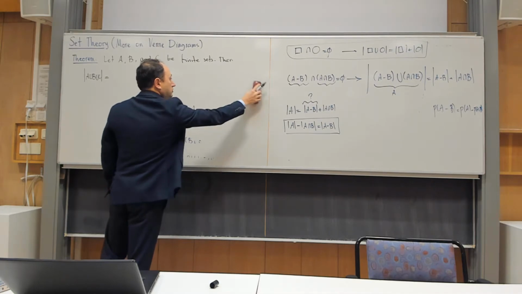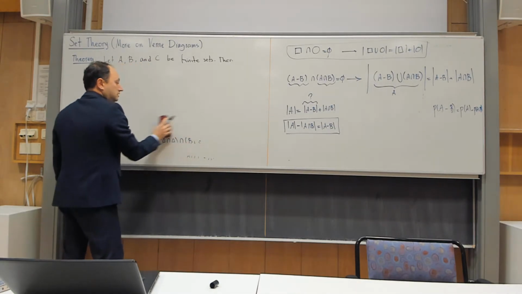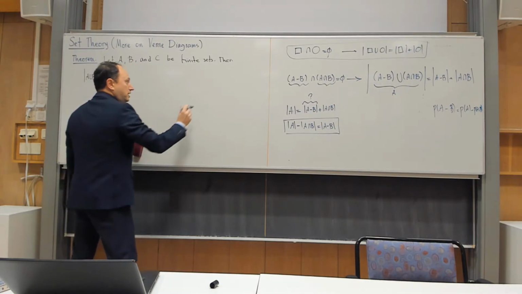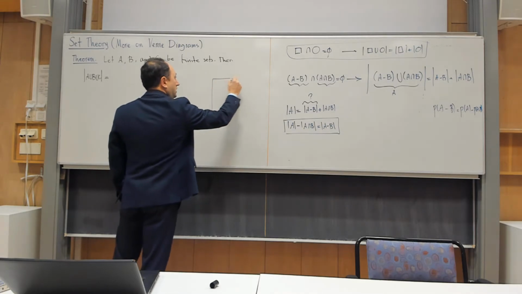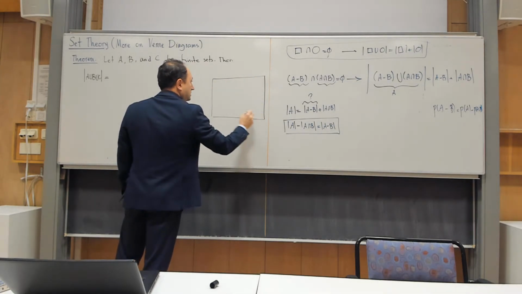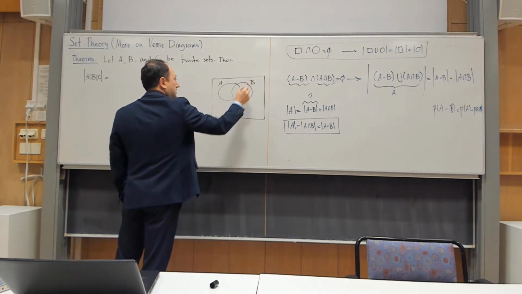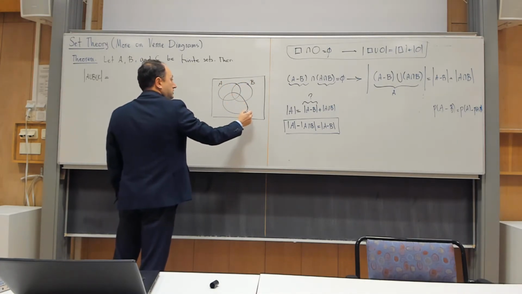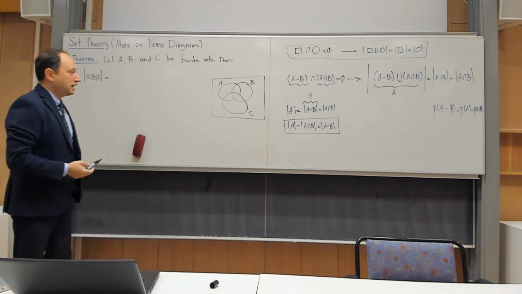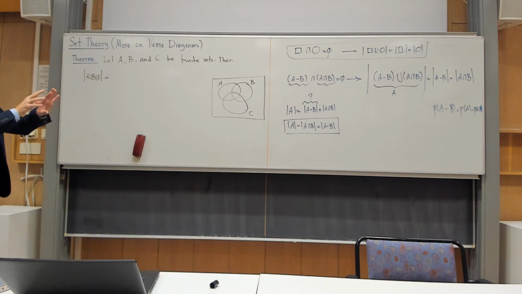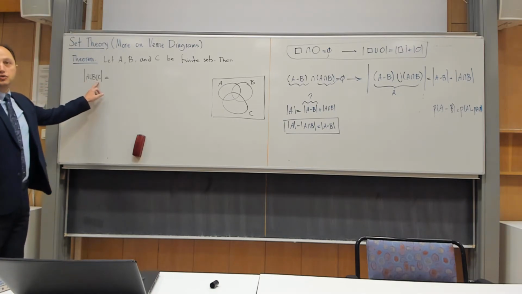Okay, so let us try to imagine this before writing the formula here. So if I want to imagine what is going on, let me draw a Venn diagram. This time 3 sets are involved, so let me consider this most general case, that we have mutual intersection between them. So what I am interested in is understanding the total number of elements in the union.